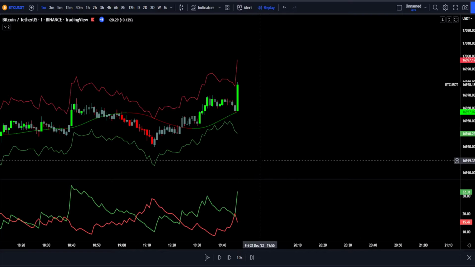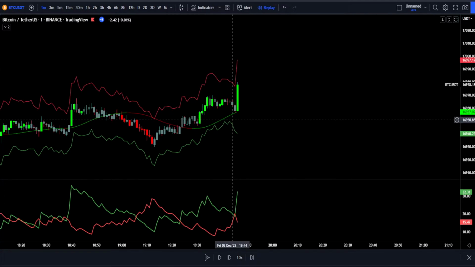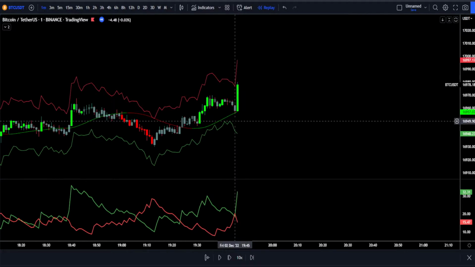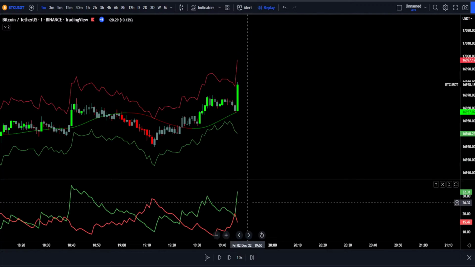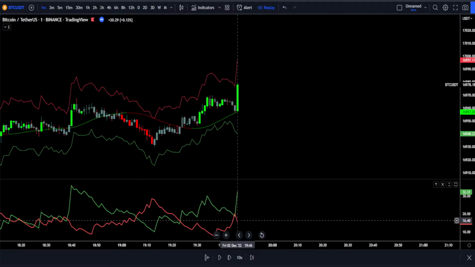We will enter into a buy position when the following conditions have been met. First, the line from the 1 minute scalping strategy needs to be colored in green, and we also need to make sure that the price action is trading above our line. Second, the ADX and DI indicator needs to issue a new buy signal. This is done whenever the green line crosses up above the red line.